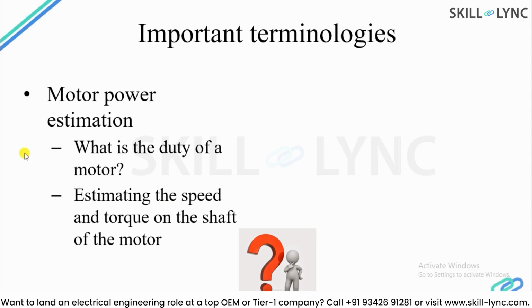So motor power estimation is basically a black box exercise for the motor, and we will assume that everything inside the black box is able to receive input and provide the necessary output. So for a motor, what are the inputs and outputs? Input is electrical energy and output is mechanical energy.